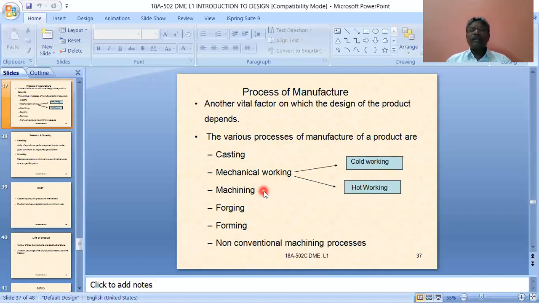Machining has many techniques: lathe machining, milling, drilling, etc. You can also see forging, forming, and non-conventional machining processes, which have many different techniques.